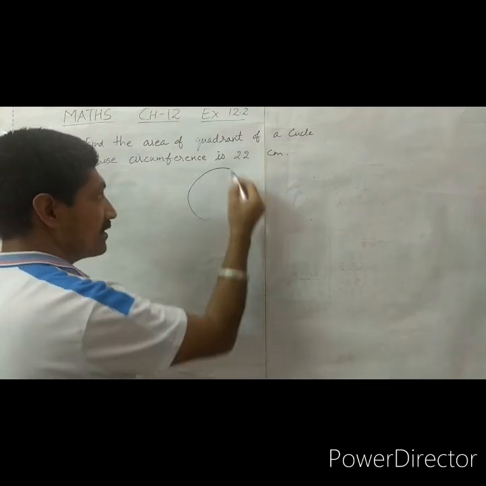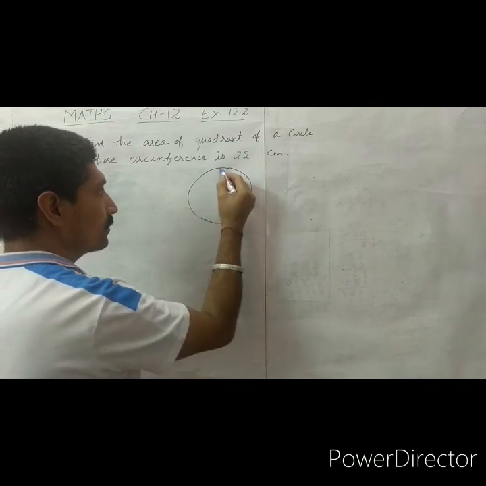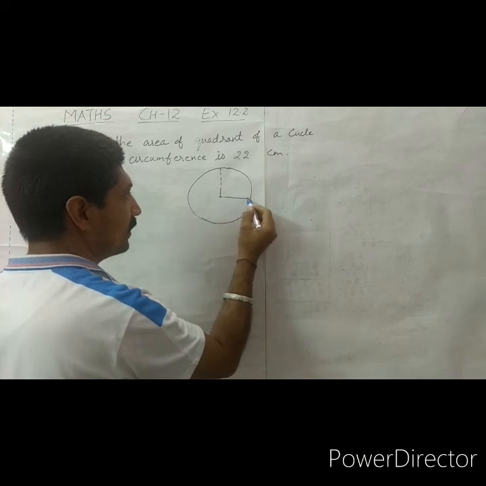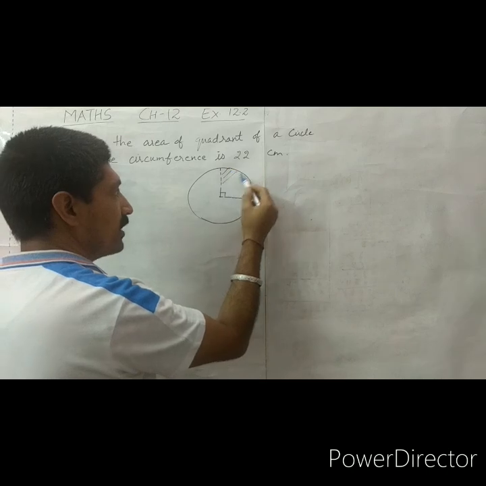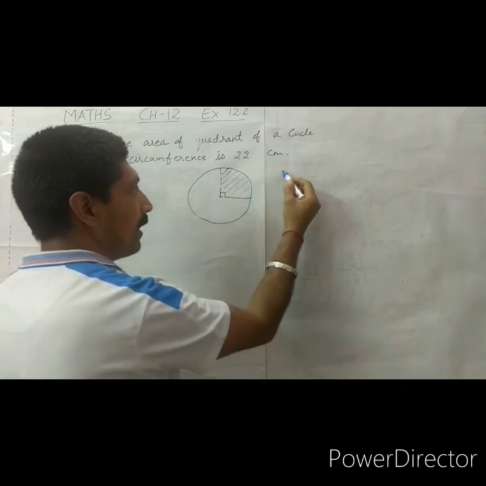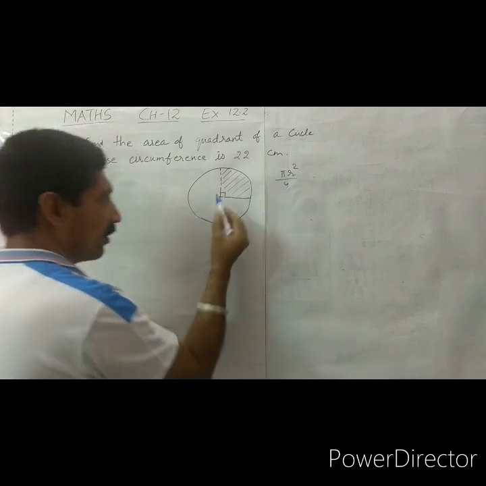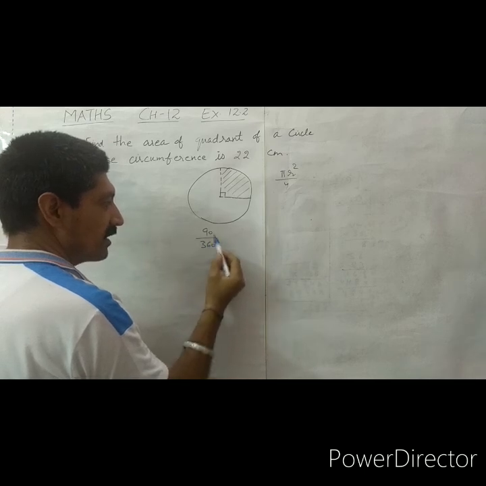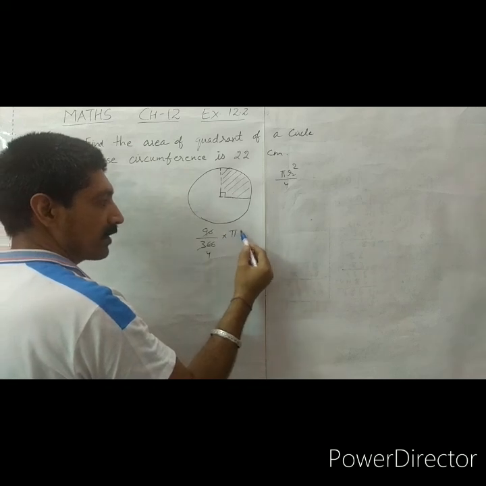Quadrant, we know if this is a circle, in a circle the 1/4, this part, when this is the quadrant. So area of the quadrant is always pi r square divided by 4, because here 90 upon 360 is into pi r square.